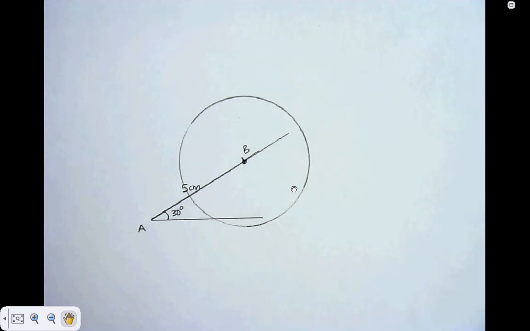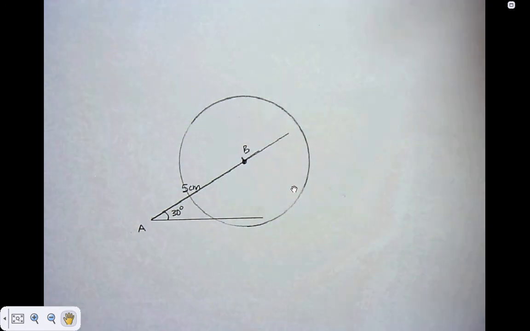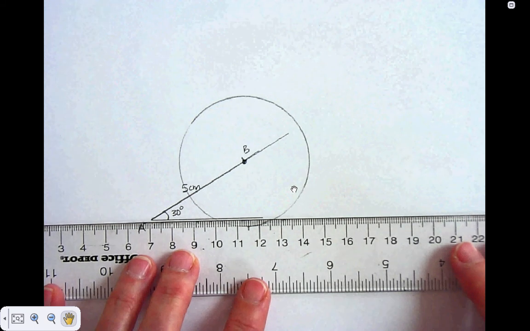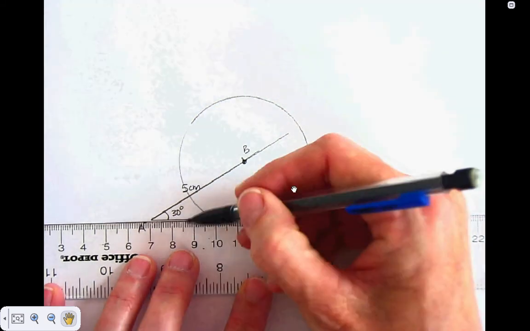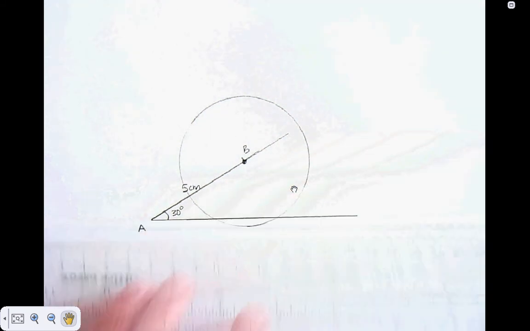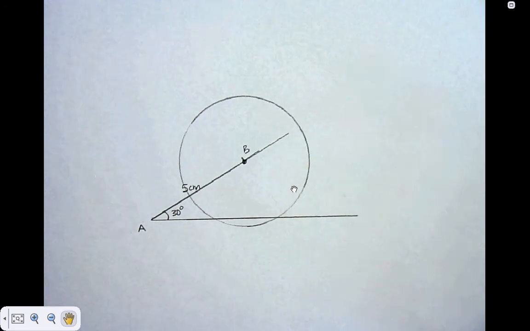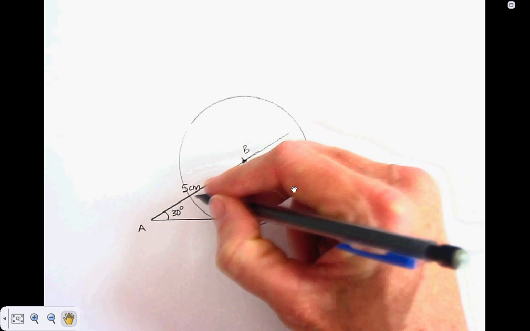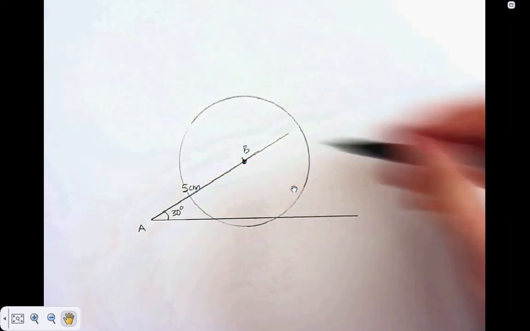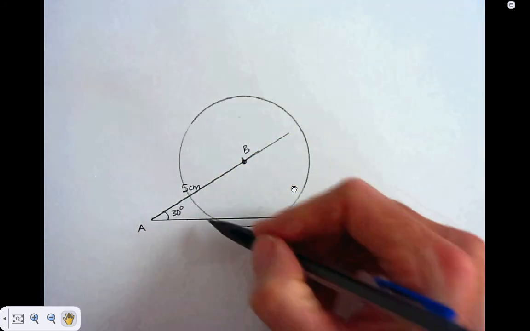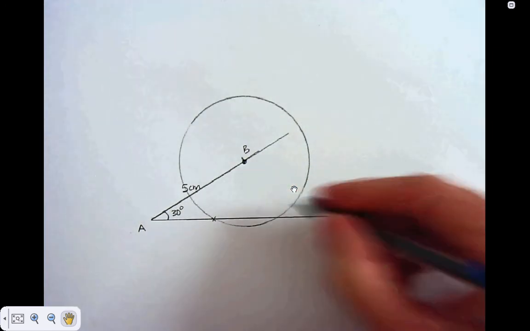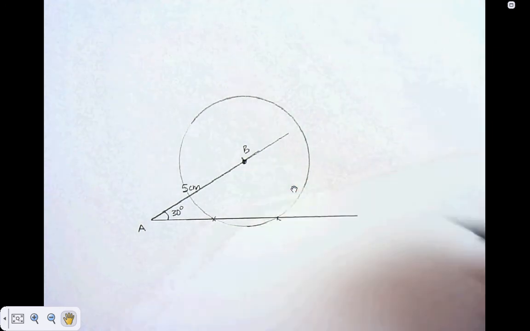Alright, so notice what happens with this. Actually, I'm going to need to make this a little bit longer. There we go. Notice what happens with our circle. If our circle is 3 centimeters for the radius, then it crosses our line segment in 2 places, here and here.